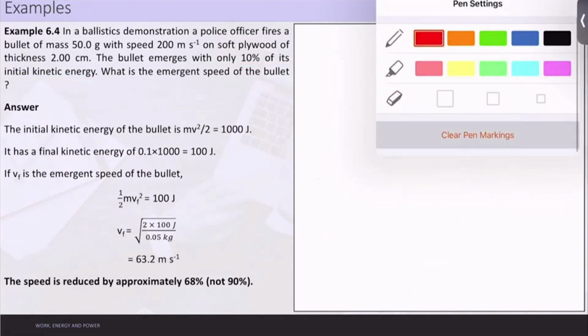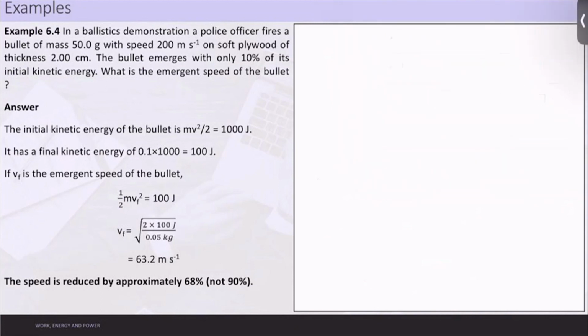How will we calculate the velocity? We again apply kinetic energy final, which is equal to half into mass, same, into final velocity squared. So what is final velocity? Final velocity will be equal to root over 2 into kinetic energy final upon mass.